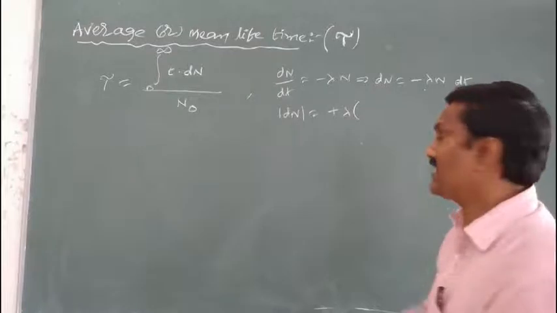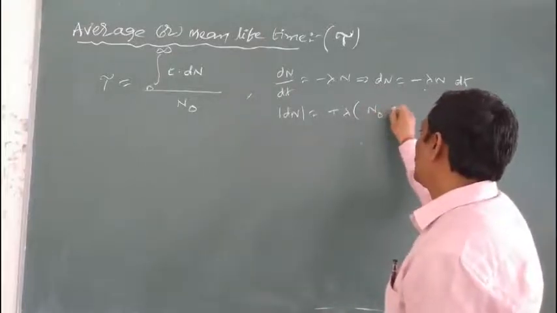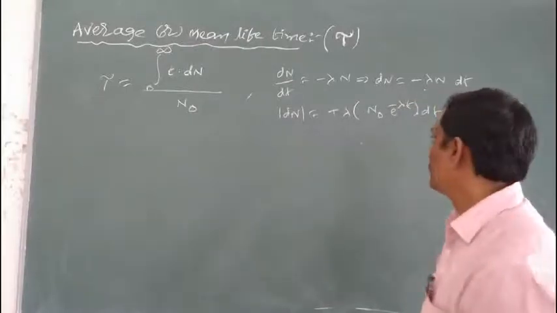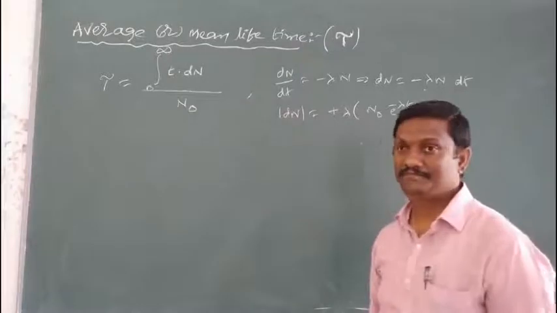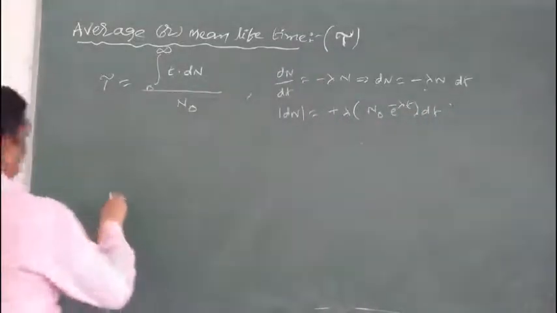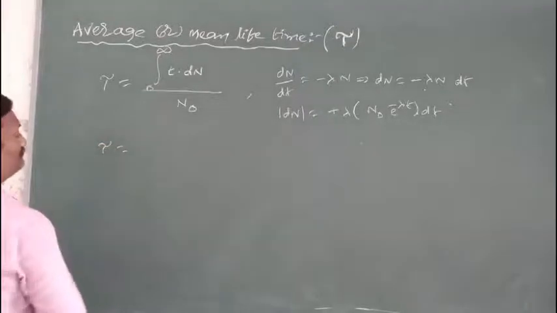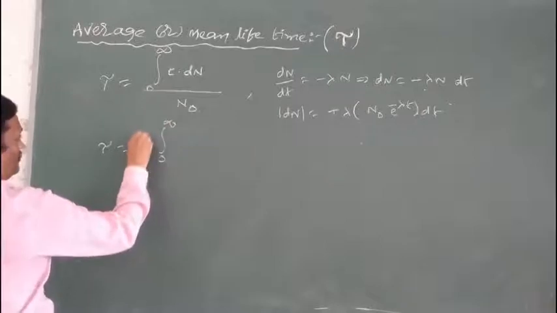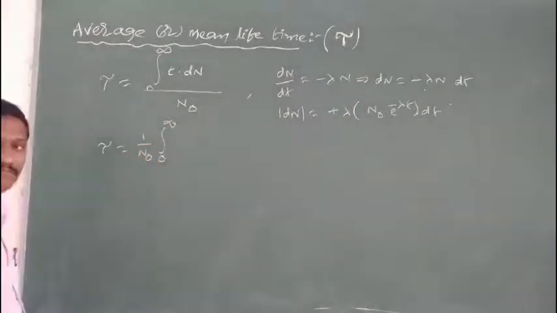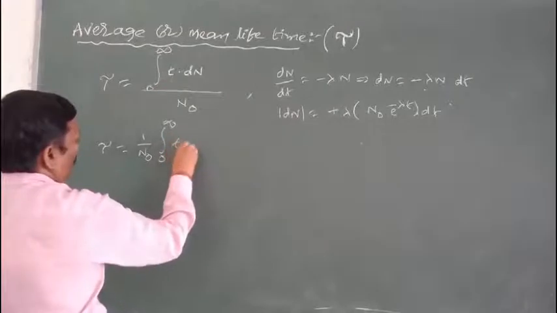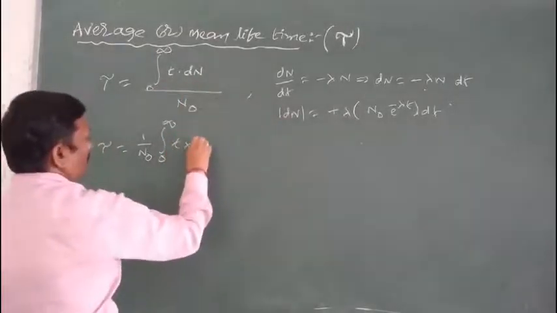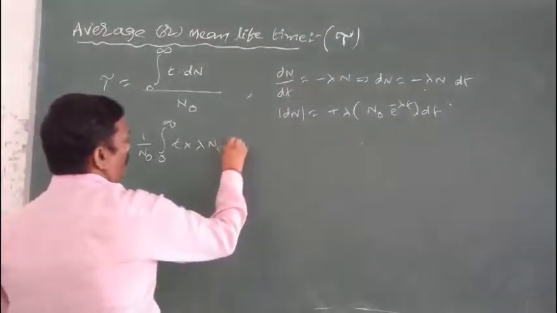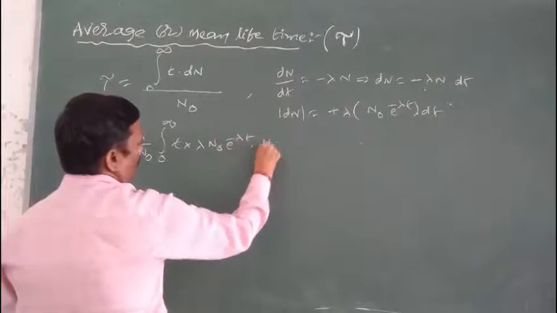According to the radioactive decay law, N is equal to N0 e power minus lambda t, into dt. Substitute this dN value here. So the average lifetime or mean lifetime tau is equal to the integral from 0 to infinity of 1 by N0 into t into dN, which becomes lambda N0 e power minus lambda t dt.